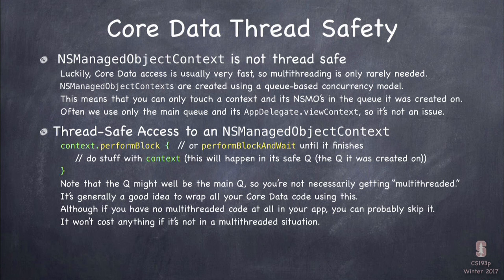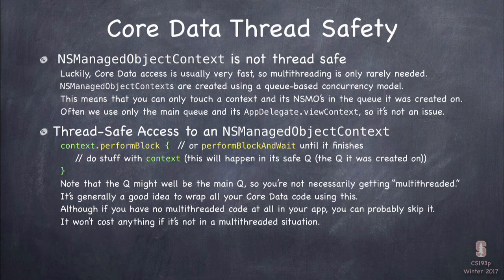But first I want to talk about this important method in context called perform block. Perform block just takes a closure that takes no arguments, returns no arguments, and it will ensure, this is an insurance method, that everything inside that closure happens on the right queue for that context.